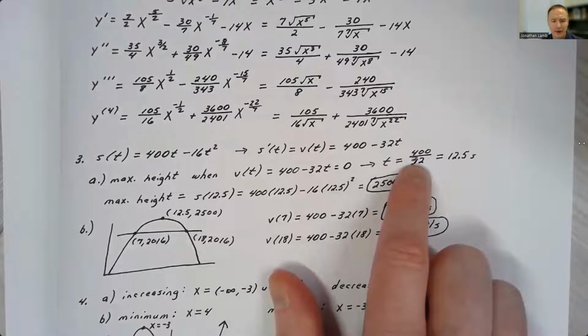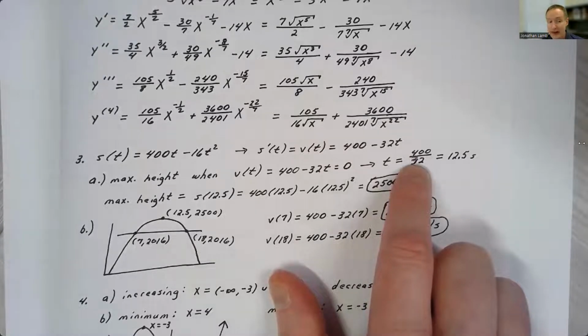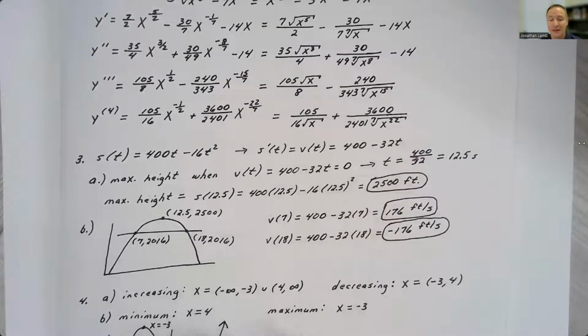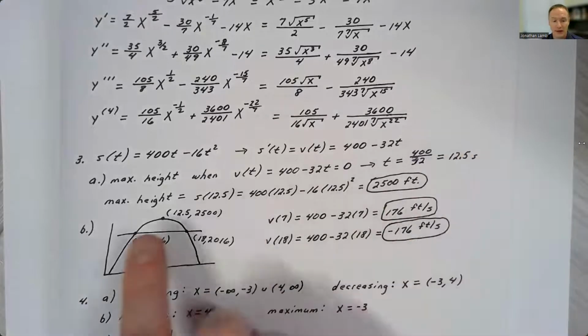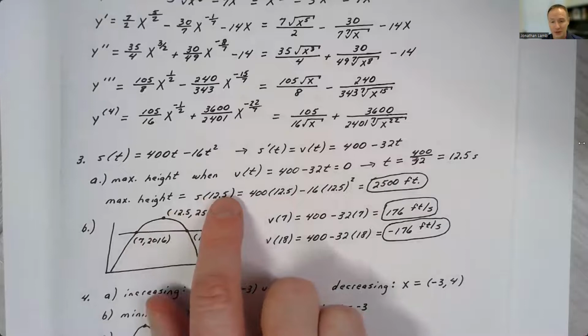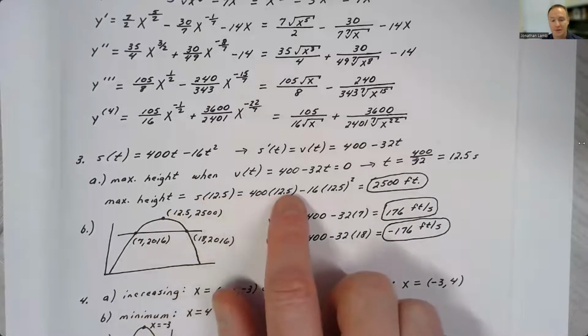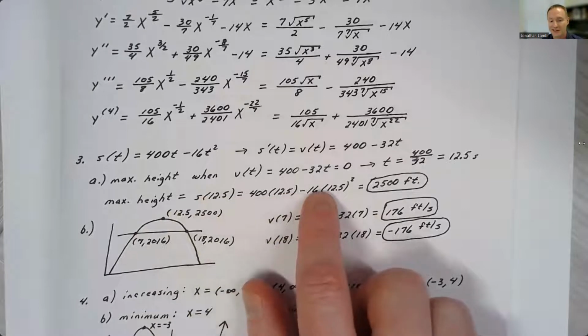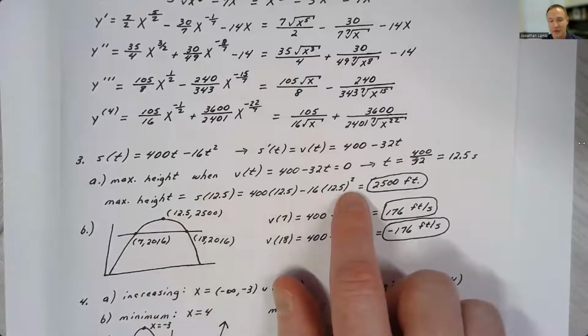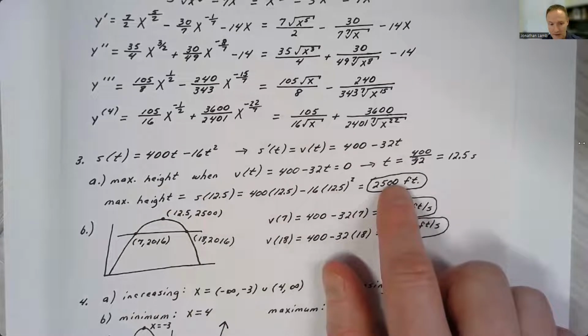Now, in the next part of this problem, we're asked to find the maximum height. All I know now is that the maximum height occurs at 12.5 seconds. Well, I need to plug that 12.5 seconds into my position function. And when I do that, I'll get 400 times 12.5 minus 16 times 12.5 squared, and I get 2,500 feet.